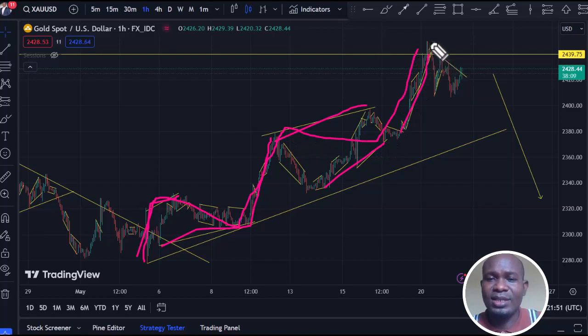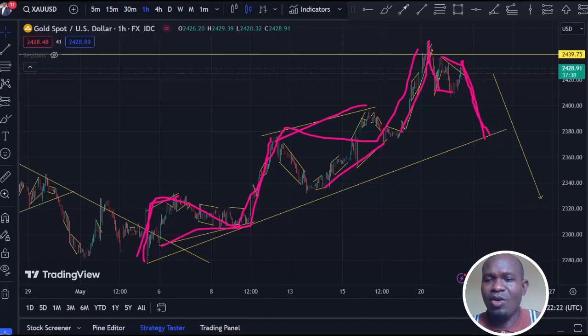So here now we are seeing a potential setup, and this setup is another running flat, but in a downtrend. What we should be expecting is that once this wave is over, the market will drop. How fast it drops will be based on some factors that I might not see now, but we'll be expecting this market to drop.